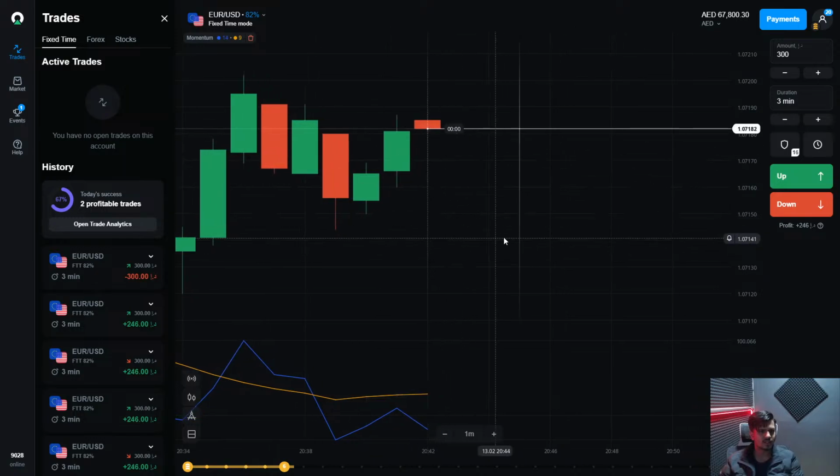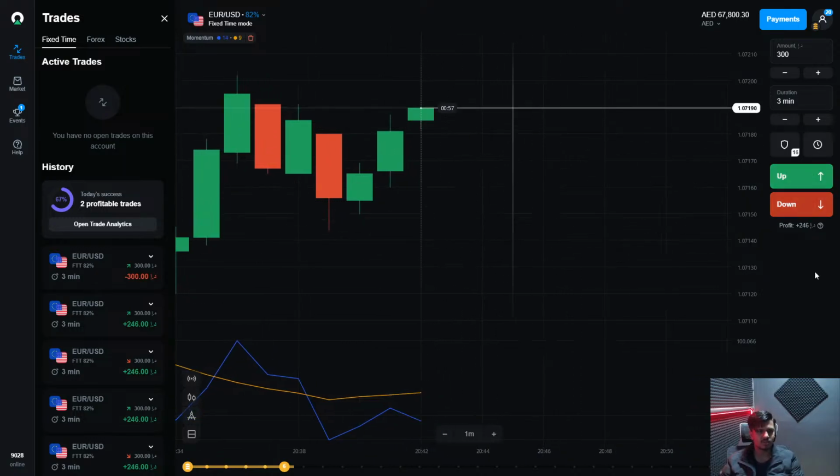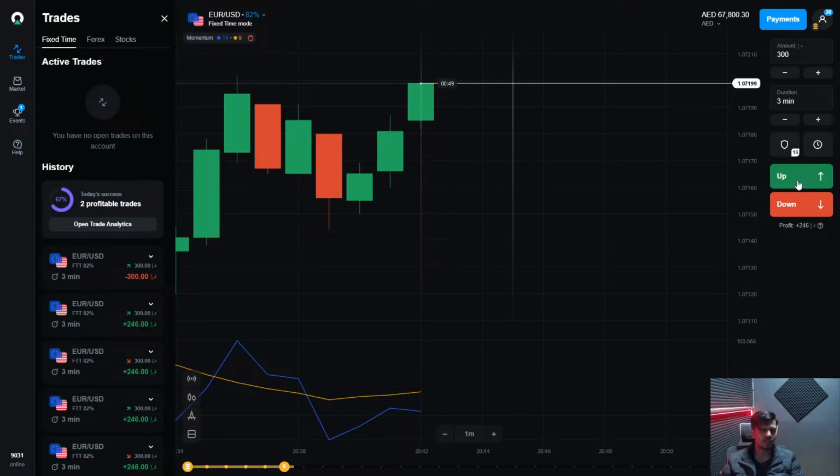So 1 second, and it is trying to move down. Wow. It just came down for 2 seconds, and I will make a new trade here. It's still moving continuously upward, because it's changing direction, as you can see right here.